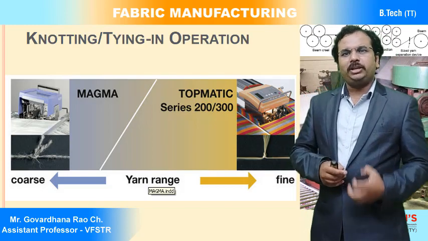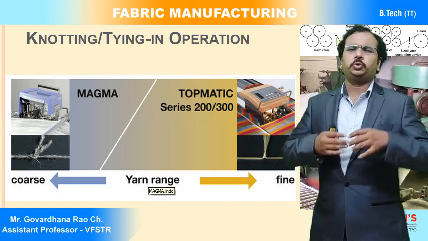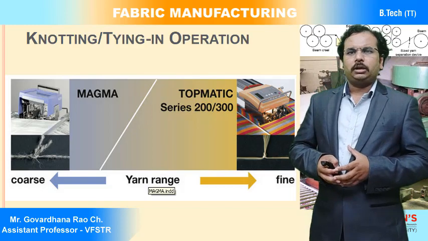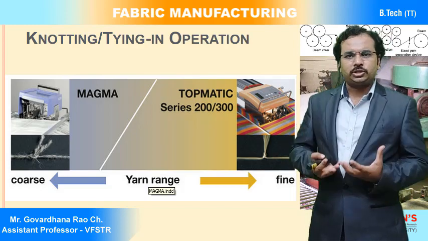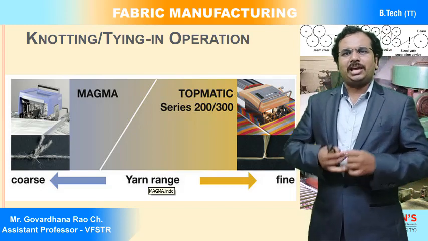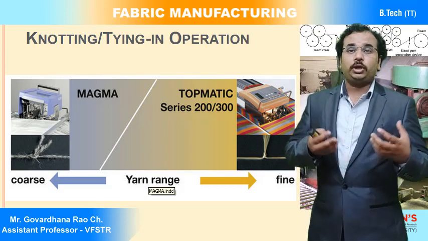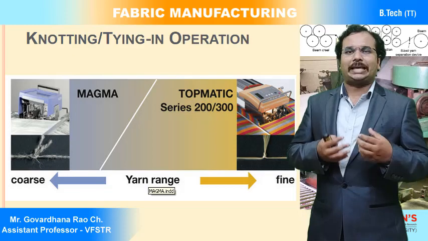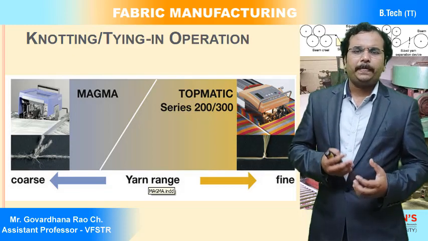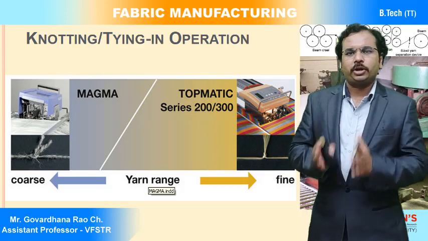Also, if the fabric has a very complicated structure or we are using too many colors of warp threads, like 7 or 10 different colors, then in that case also we select the drawing-in and denting process.